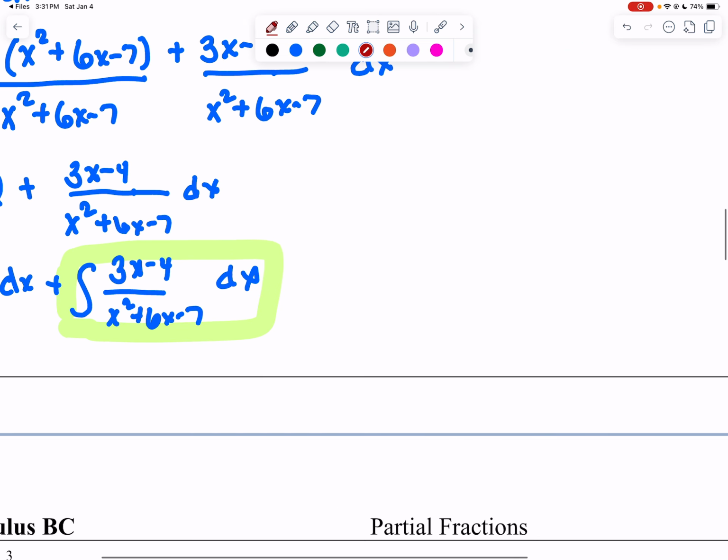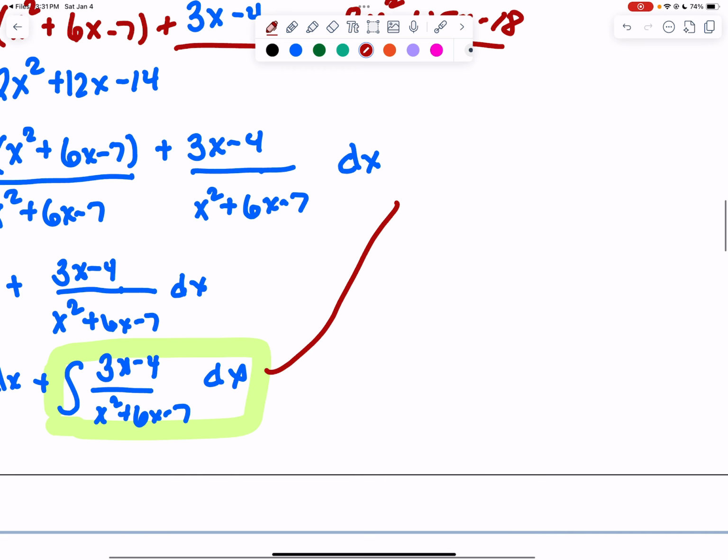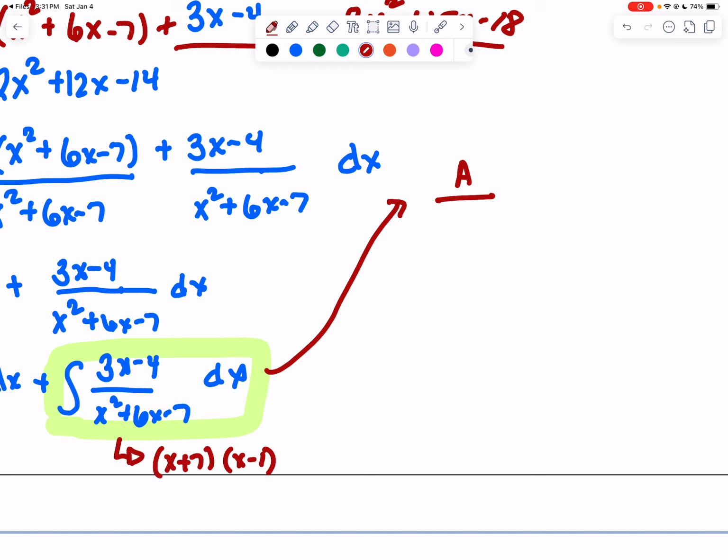All right, in order to do partial fraction decomposition, once again, I'm going to go ahead and factor my denominator, so that it looks like x plus 7 and x minus 1.